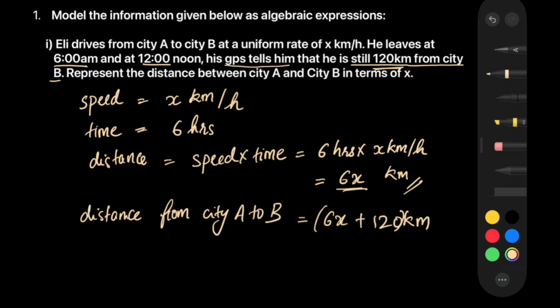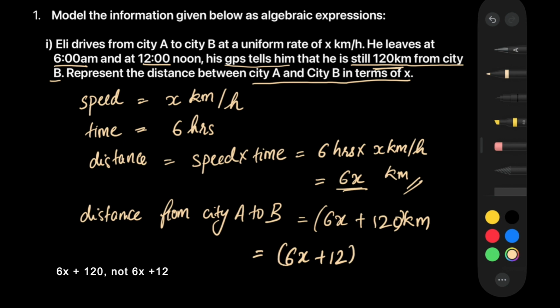So to represent the distance between city A and city B in terms of x, we can represent it as 6x plus 120 kilometers.